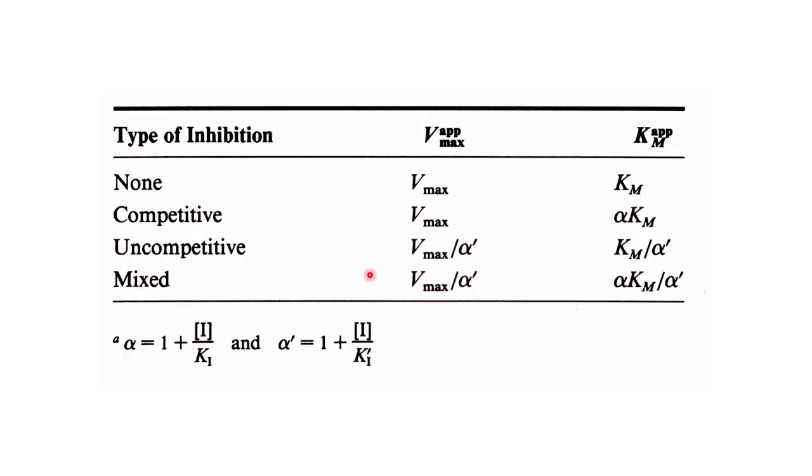For an uncompetitive one, Vmax and Km both decrease. For a mixed one, Vmax decreases and apparent Km remains more or less the same if alpha equals alpha dash. If they are different, it might increase, might decrease, but it might have a change if alpha and alpha dash are not the same.